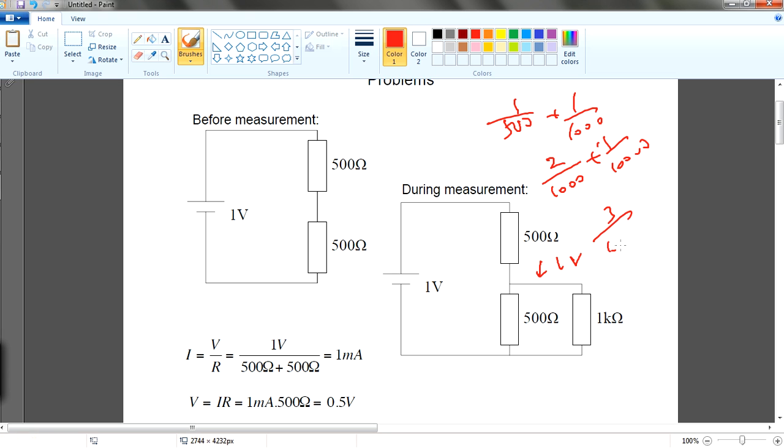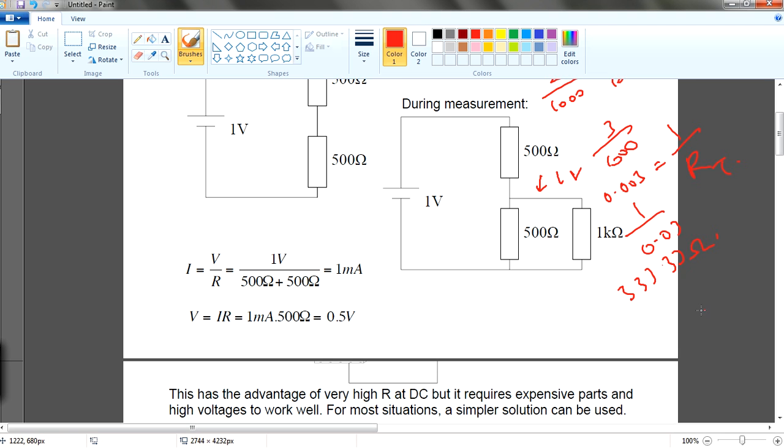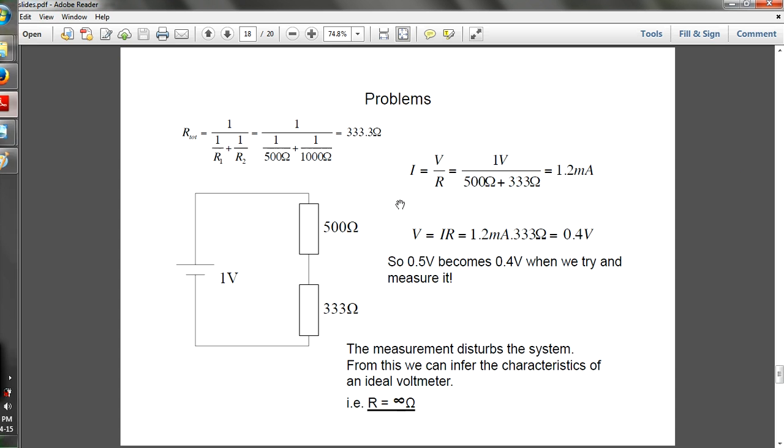So it'll be 3 over 1000, which is 0.003 equals 1 over R total. So you take 1 divided by 0.003 and you have 333.33 ohm. Because of this, what you are measuring is actually 333.33 ohm. So this is why you have this thing over here.